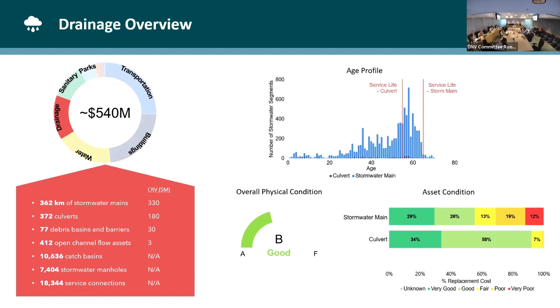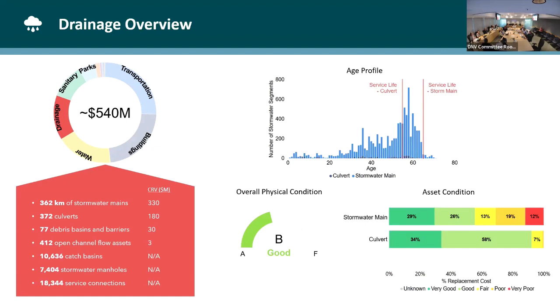I could add something there, because when you look at this graph and you look at the sanitary graph, you see this peak arising. What it's really telling us is that in the next 10 years, we need a more robust replacement program for both drainage and sanitary, in the same way that we've been doing for the last number of years on water. When you look at the water one, we're in relatively good shape.